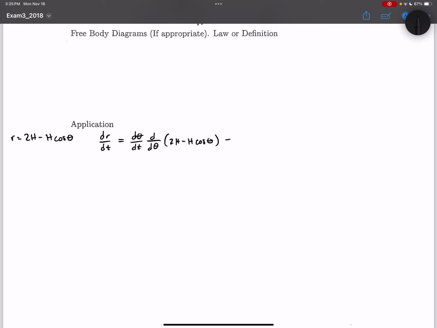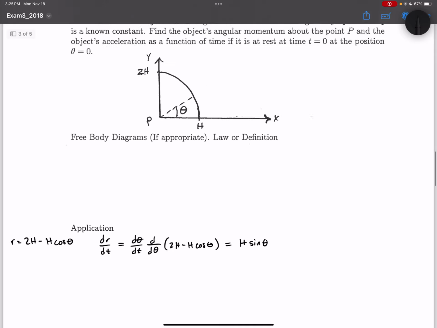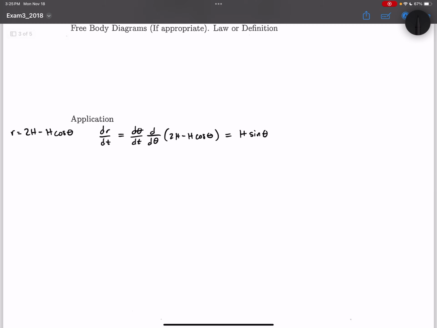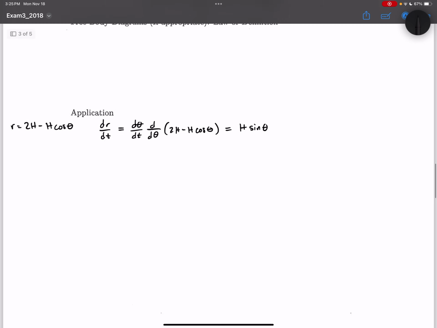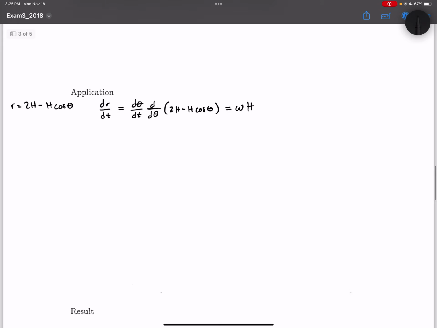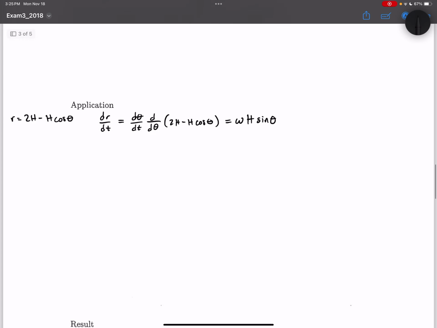So that's going to give us a 0, and then h sine of theta, because cosine's negative. Actually, sorry, dr dt is going to be omega h sine of theta, because that's what dr d theta dt is.